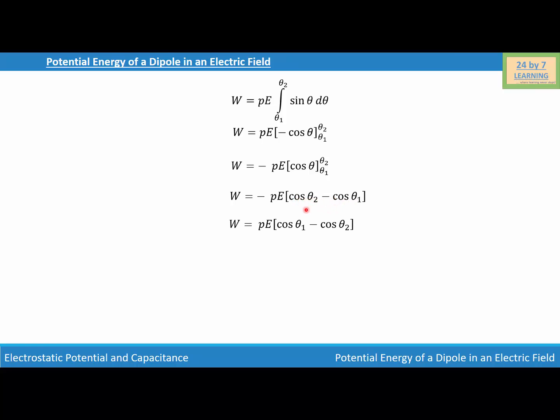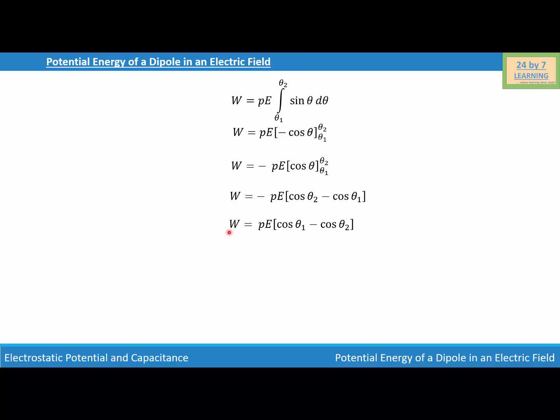Let's simplify further, multiplying this negative inside, and we get W is equal to PE, cosine theta 1 minus cosine theta 2, because negative times cosine theta 2 is negative cosine theta 2, which is over here, and negative times negative cosine theta 1 is positive cosine theta 1, which is over here.